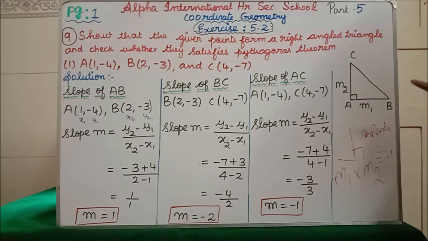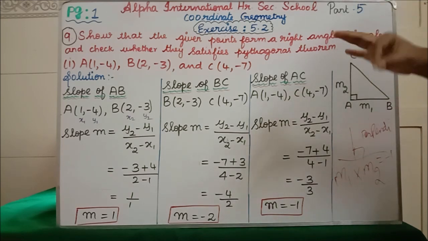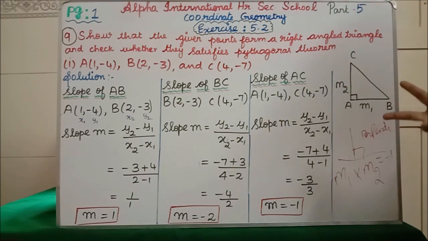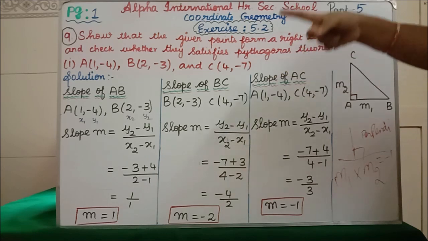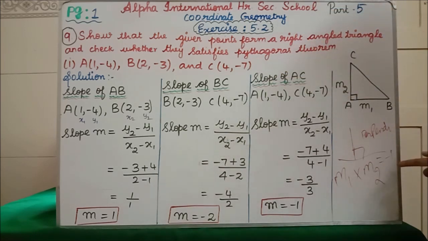Clear students? So you see we have got now 3 slopes. Which two slopes, if we multiply, give minus 1, we have to see. Clear? If I take the slope of AB into the slope of BC, will I get minus 1? See, we will check here. 1 into minus 2 is equal to minus 2. We are not getting minus 1. So we should not take the slope of AB into the slope of BC.